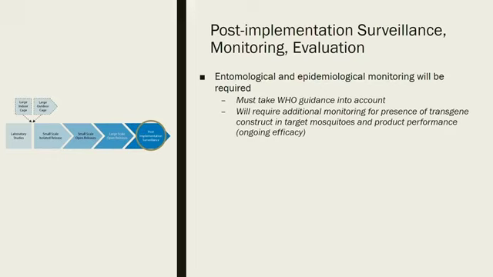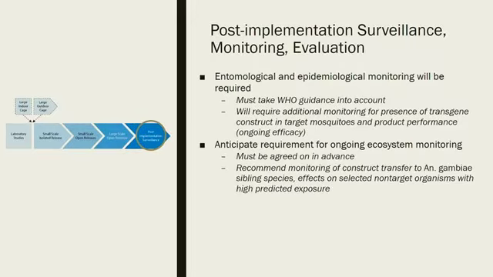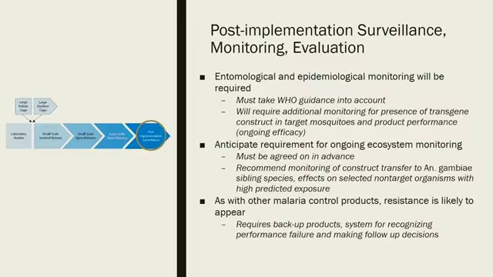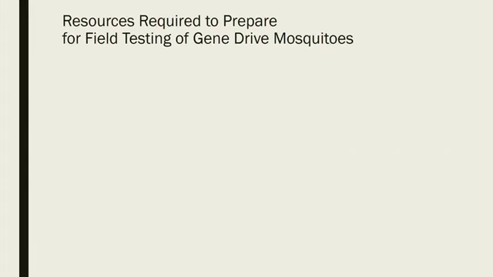It's going to require a considerable injection of capital to continue the surveillance to make sure that it's working. That includes not just watching what's going on with the construct and seeing whether resistance is developing, but also potential adverse effects on the ecosystem. And as with all interventions, resistance may well occur.